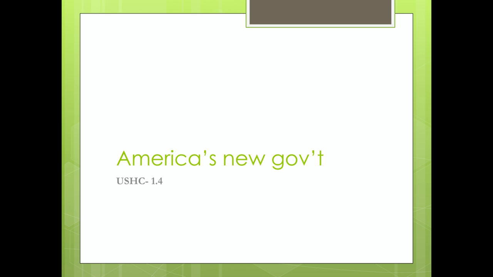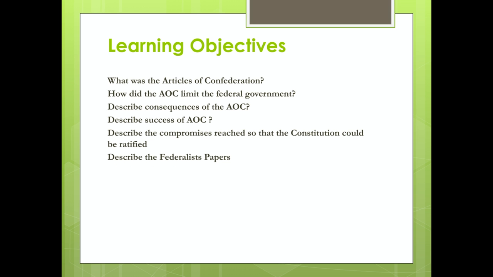And before we begin, we definitely want to address some of our learning objective questions. These are the questions that you need to be able to answer at the end of this lecture, starting with what was the Articles of Confederation? How did the Articles of Confederation limit the federal government? And of course, AOC stands for Articles of Confederation, if you were wondering.